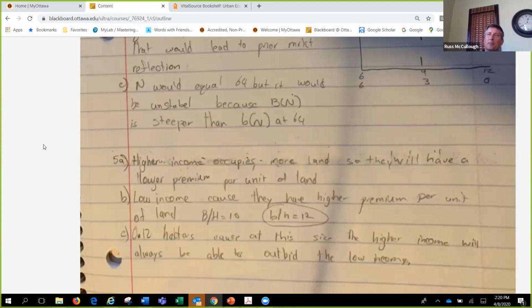Let's go to the chat box and tell me what you think. That's basically the answer key answer, which isn't going to help you much on the test if all you were able to do was regurgitate. So what does low income households B over H equals 10 compared to B over H equals 12? Think about those components.